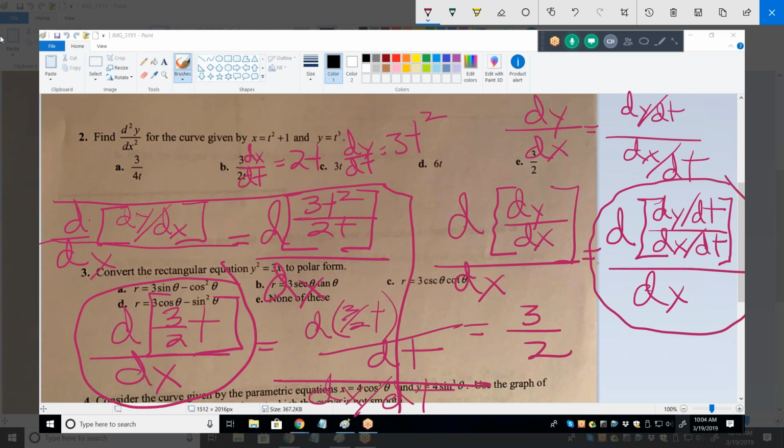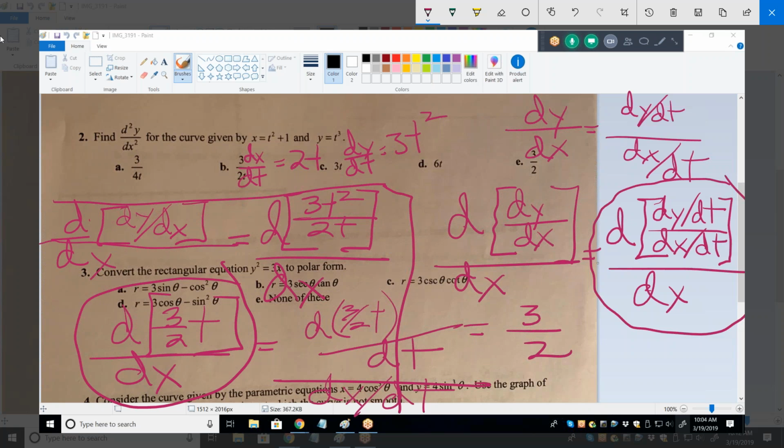Well, slope is dy/dx. And concavity is where the second derivative, d2y/dx2, is greater than 0. If it's greater than 0, it's concave up. If it's less than 0, it's concave down.